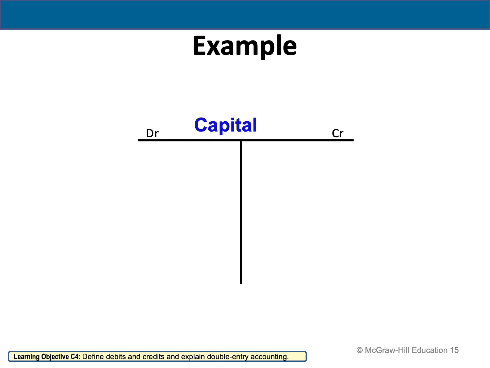Capital. Capital is also part of the equity and the normal balance of the capital is credit. So if they told me that the company has a capital of 500, it means that the capital is increasing, and it will increase on the credit side.